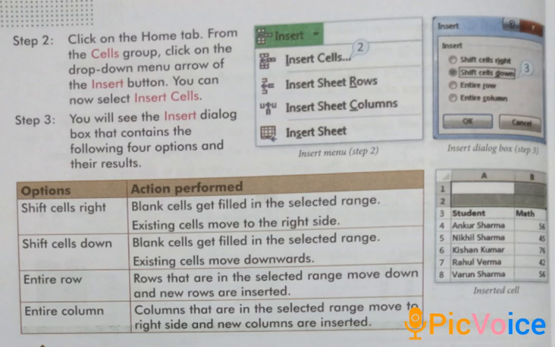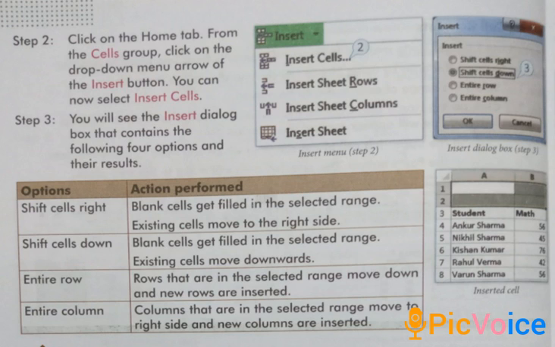Shift cells right: blank cells get filled in the selected range, existing cells move to the right side. Shift cells down: blank cells get filled in the selected range, existing cells move downwards.